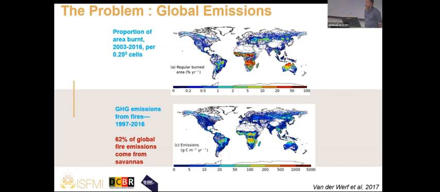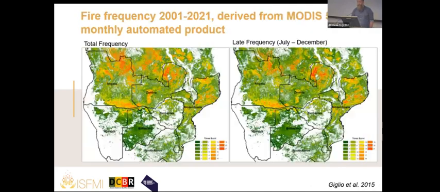As you can see quite clearly in that slide, there is ample opportunity in Africa. There are big savanna emissions, and we are working towards getting some numbers to actually look at what those emissions might actually be on the ground.